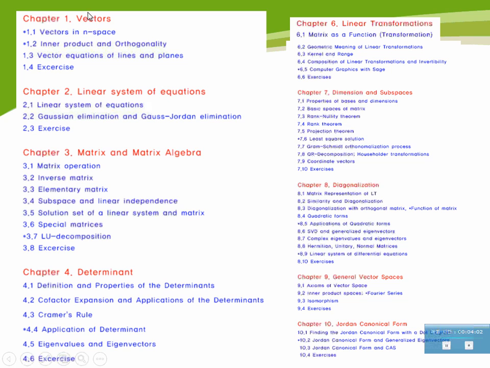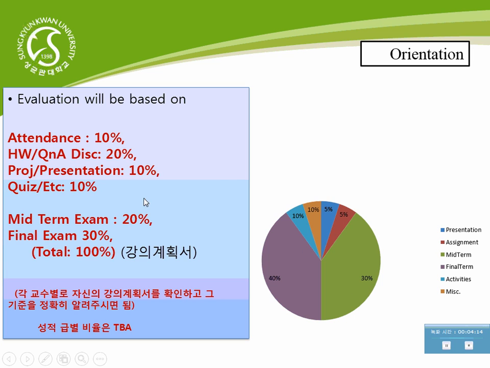We will cover from chapter 1 to chapter 10, from vectors to the Jordan canonical forms. And the evaluation will be based on, as you see in the syllabus, your attendance, counted as 10%, your homework and Q&A discussions counted as 20%, and your presentation counted as 10%.